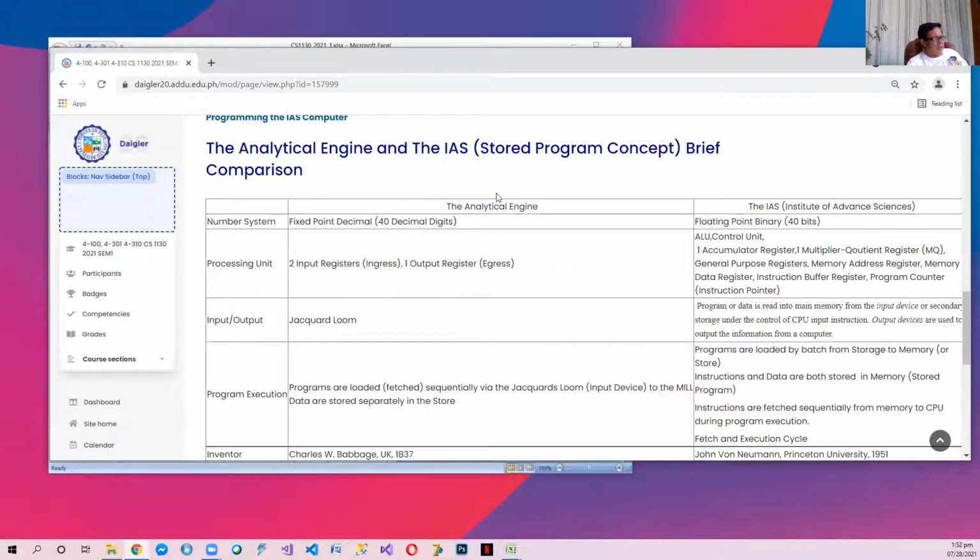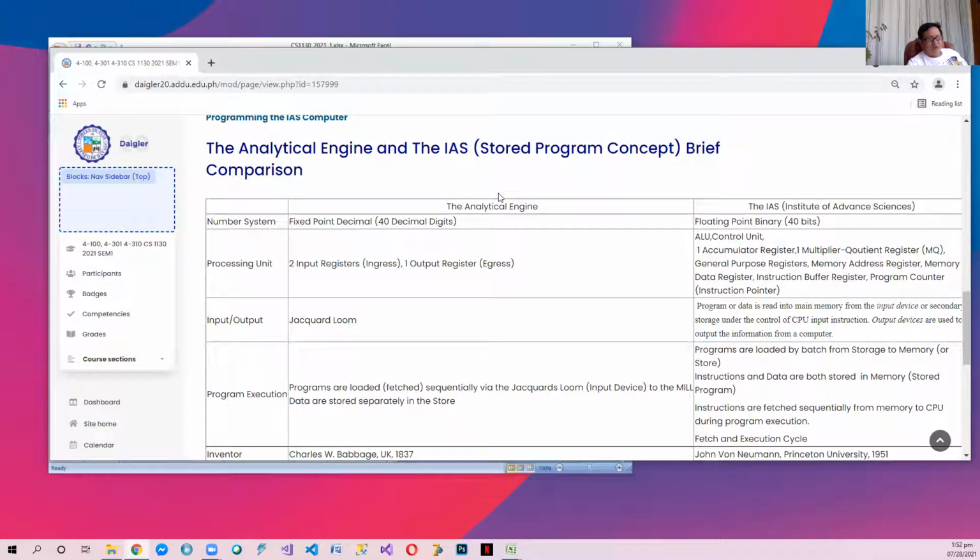The idea is that before programs are executed, they are loaded from the input into memory, and then executed one by one. Before the IAS, programs were loaded command per command from a card reader, which is very slow.